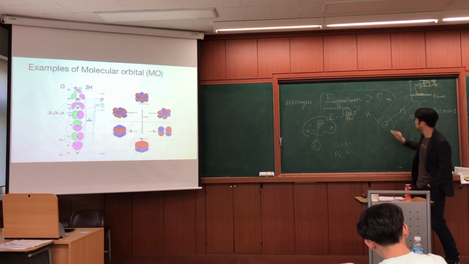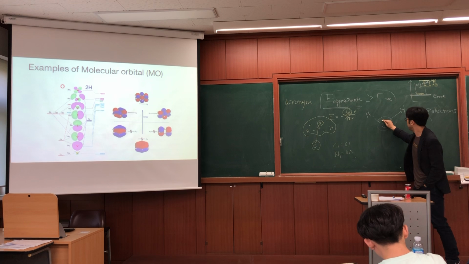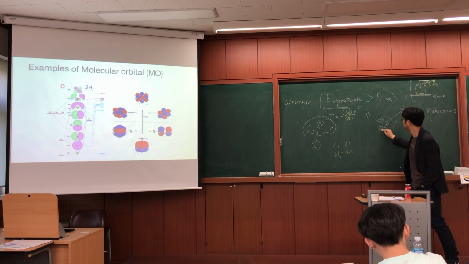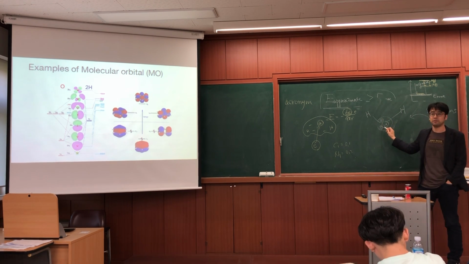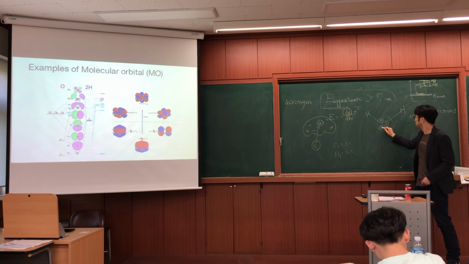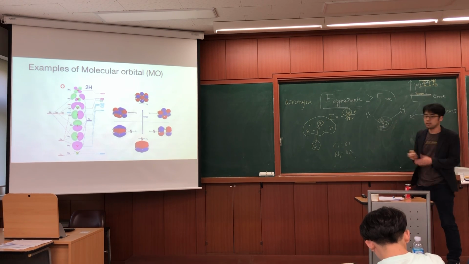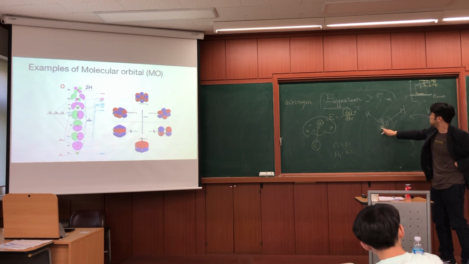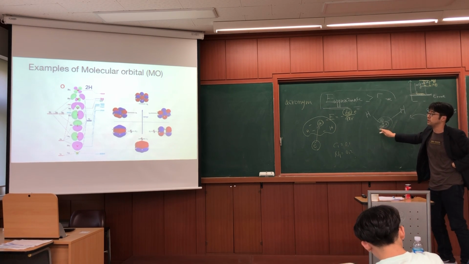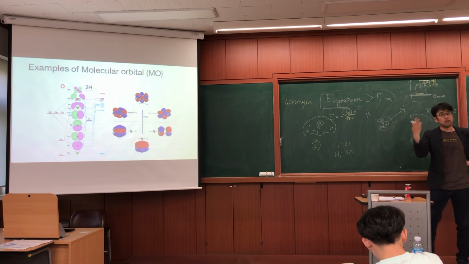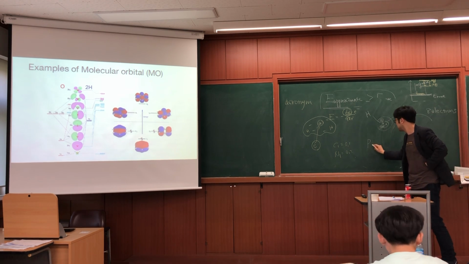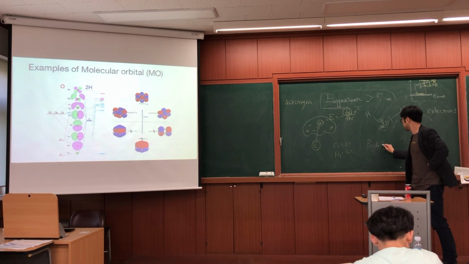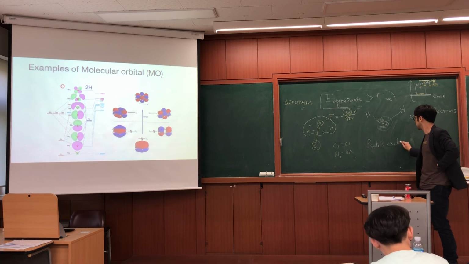Because this one has a 6+ nucleus. So if electrons are very close to this, this one will have very low energy, right? Because this is attracted by the nucleus very strongly. So this electron has the lowest energy. But as we learned from Pauli's exclusion principle.